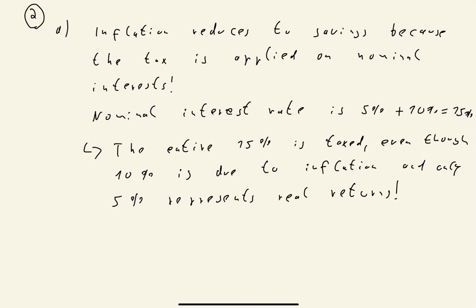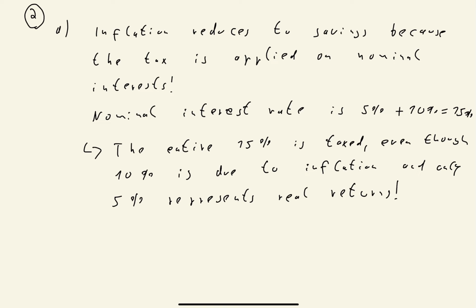Yes, so what you can think of is that if you save $1,000, then the nominal interest rate is 15%. So in total, what you on paper will then get is $150, but the 10% inflation eats up like 2/3 of this $150. So $100 is eaten up by inflation.